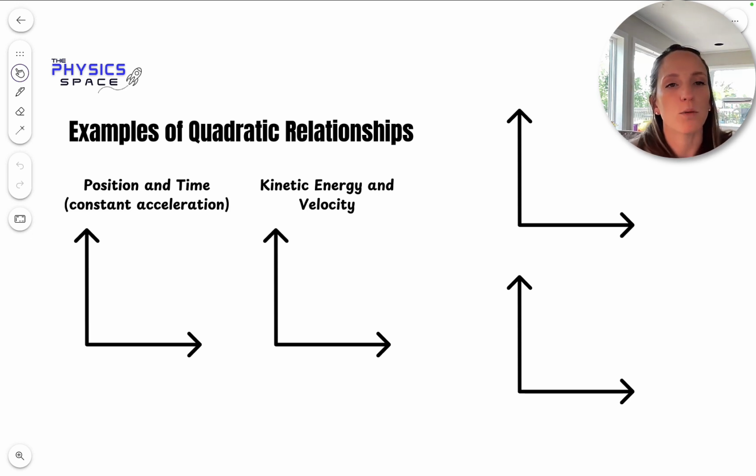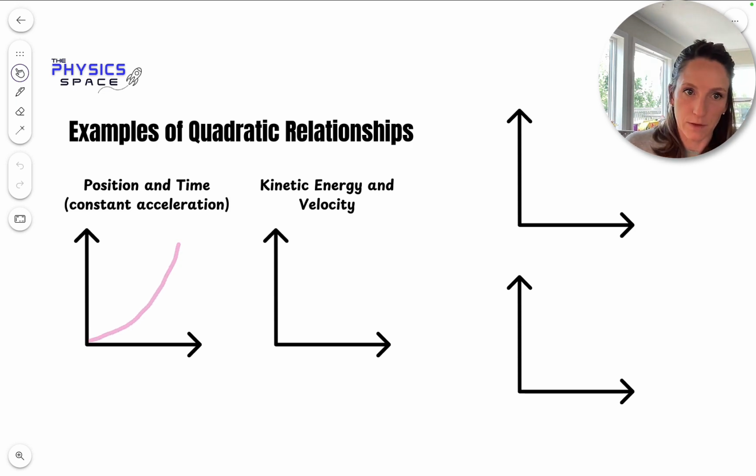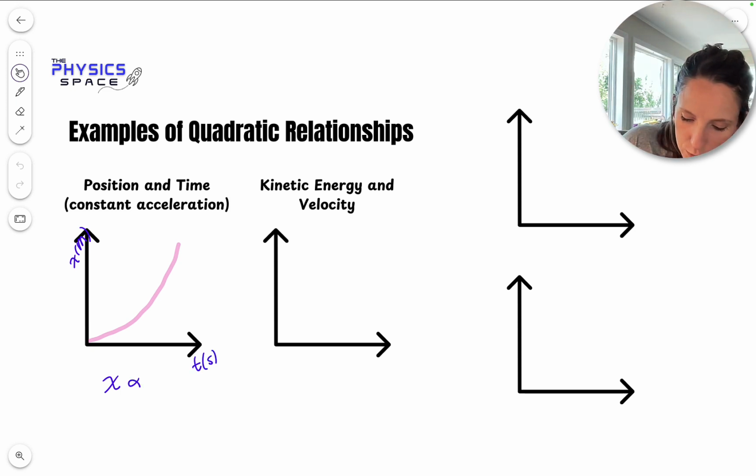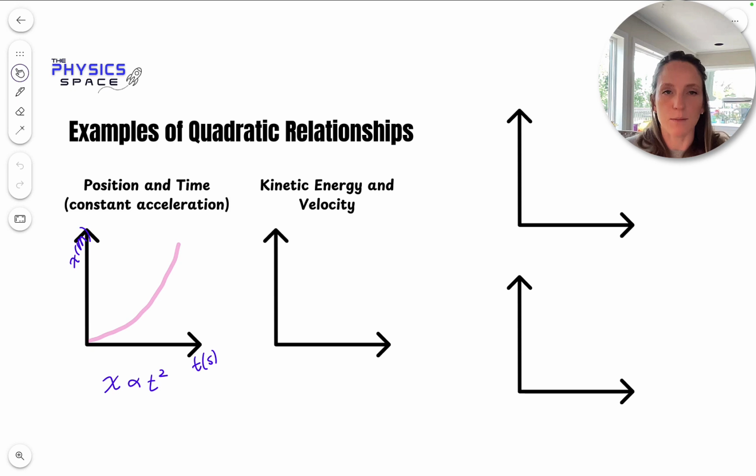So one example would be a position in time graph where we have constant acceleration rather than constant velocity. So if I graph position in time and my graph looks like this, like a parabola, that means that I have a relationship such that position, and again, that's on my y-axis here, so position in meters and time in seconds, the position is proportional to time squared.